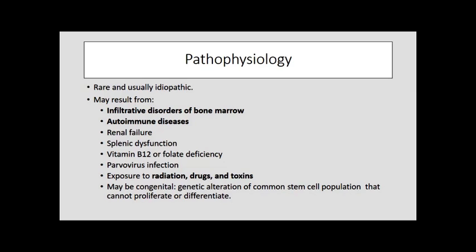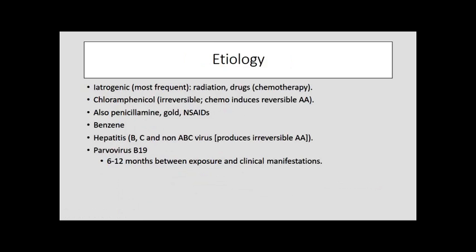Different things, for example, severe deficiency of folate and B12, infections, parvovirus infection, and importantly radiation to the marrow, drugs, toxins of different types. Or sometimes it can be congenital, some genetic alteration of the stem cells that doesn't allow them to proliferate or differentiate.